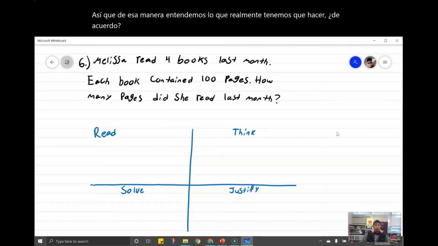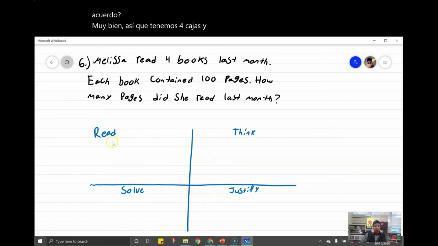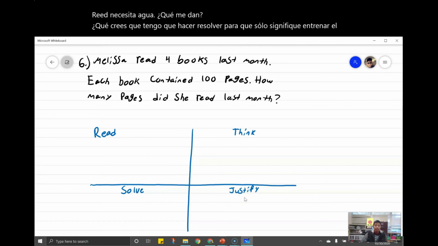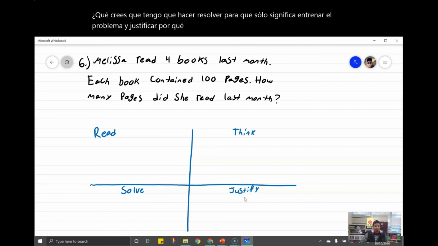Alright, so we have 4 boxes and we need to fill in everything, okay? Read, think, solve, and justify. Read means what is given to me, okay? Think, what do you think I need to do? Solve, okay, so that just means work out the problem. And justify. Why is my answer reasonable, okay?